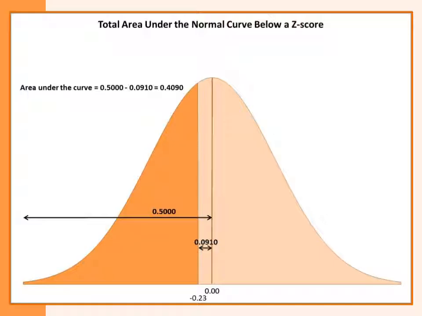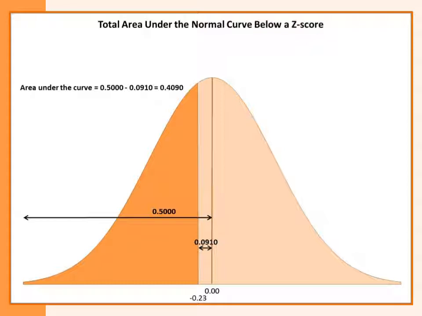Plotting the value of minus 0.23 at the base of our standard normal distribution, we now have indicated that 0.0910 area under the curve falls between that z-score and a mean of 0.